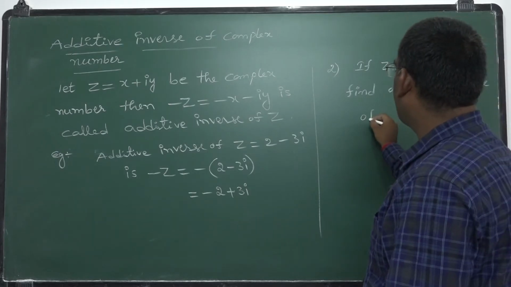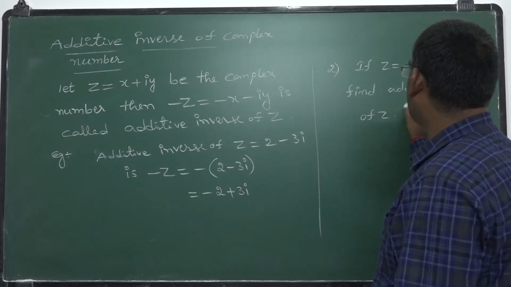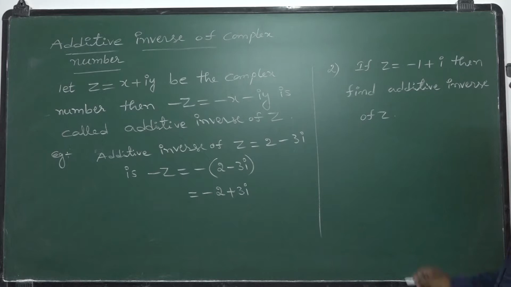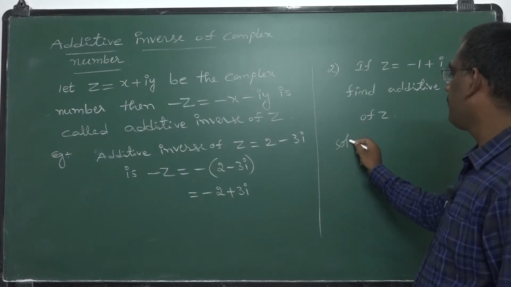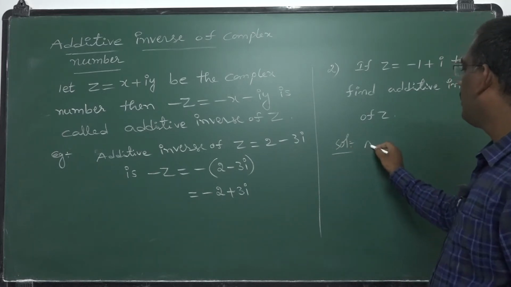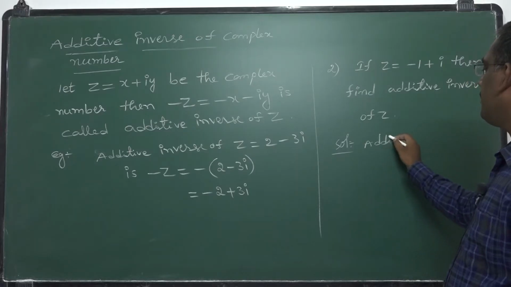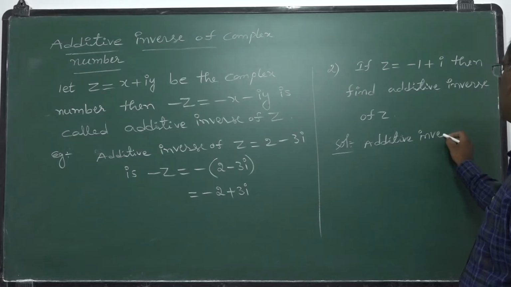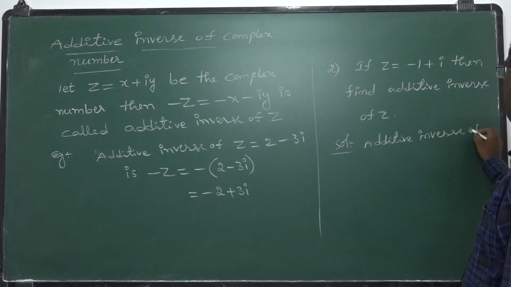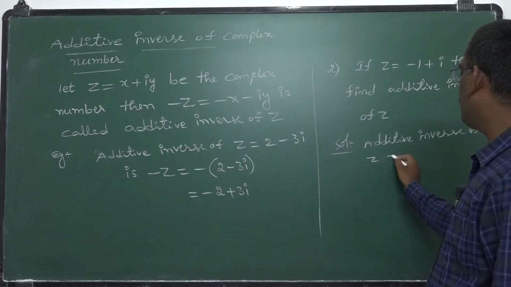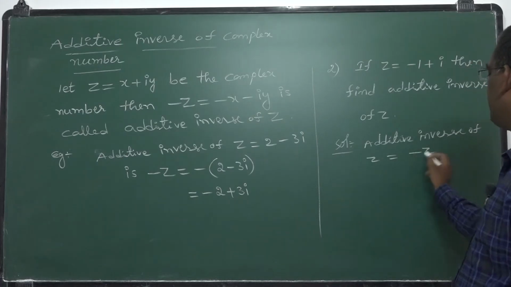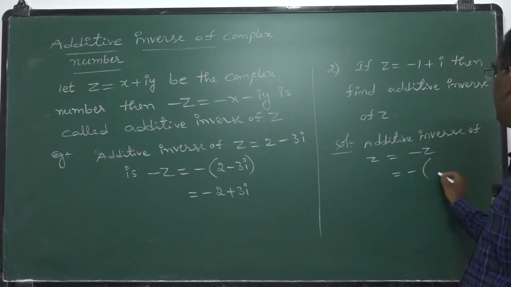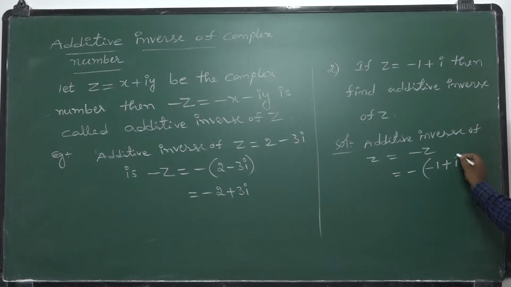Solution. Additive inverse of z is equal to minus z, that is equal to minus of minus 1 plus i, this will be equal to 1 minus i.